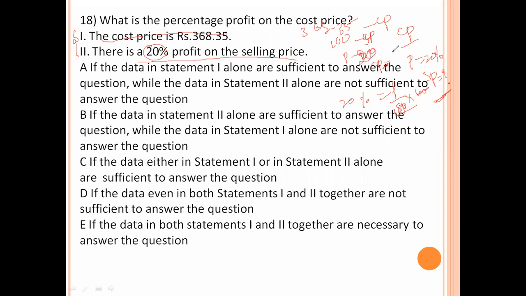Profit 20 means the cost price is 80. So 20 by 80 into 100 is 25%. So now with respect to cost price, we get 25%.